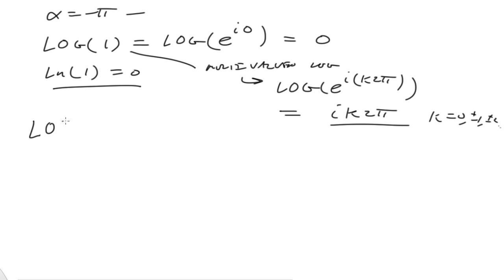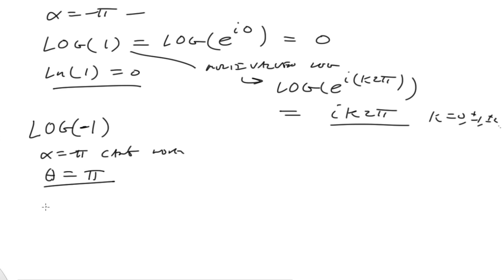But now let's try another one. Let's try log of negative 1. This is an example where our branch cut alpha equals negative pi can't work, because by definition theta for this one is equal to pi. And we said that we were restricting our domain, so this couldn't exist. So we're going to have to take a different branch cut. We can choose any branch cut we like. Let's try going to negative pi over 2.